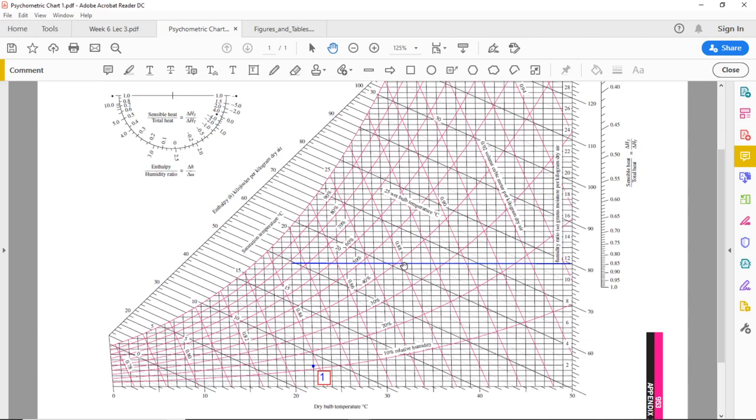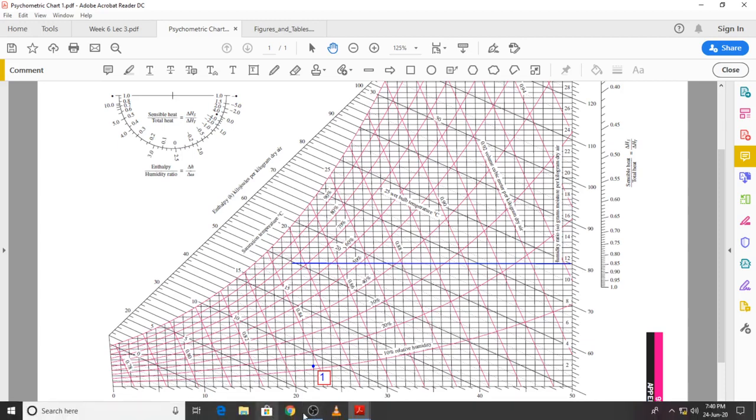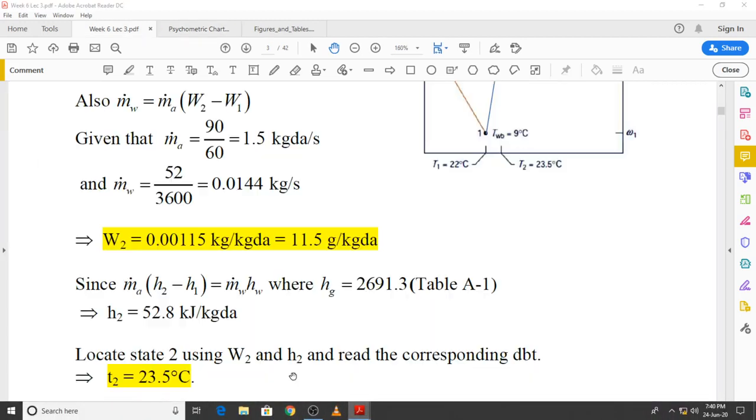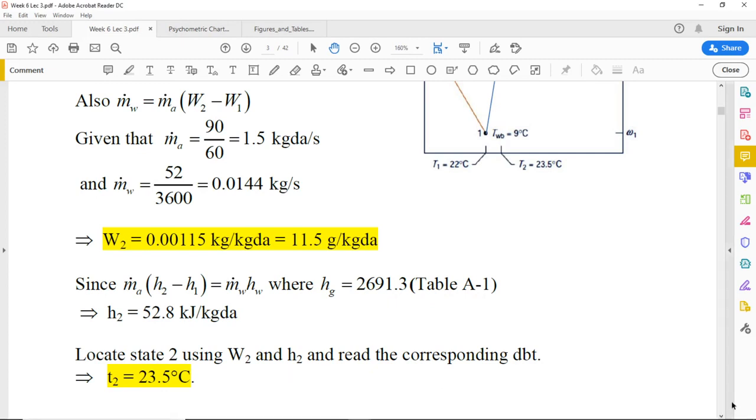hw we will get from the table. At 110 degrees C, the enthalpy of saturated vapor was 2691.3 kilojoules per kilogram. Mass flow rates of air and water are given in the problem. h1 we have found out from the psychrometric chart, so all we need is h2, and the value of h2, if we go back to the solution in the lecture notes, it comes out to be 52.8 kilojoules per kilogram dry air.